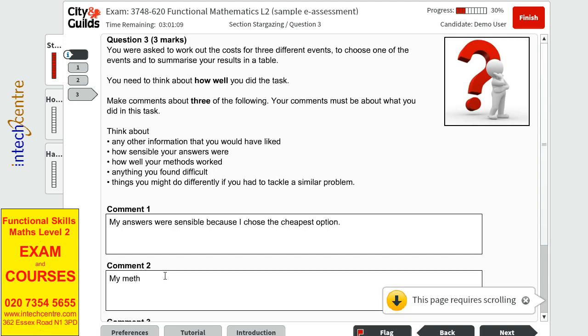Next one, you could say how well your method worked. My methods worked well because the individual amounts were consistent within the group.